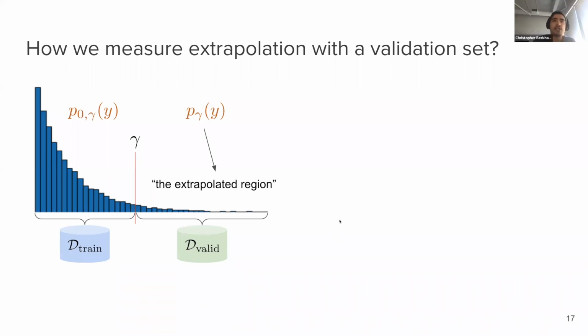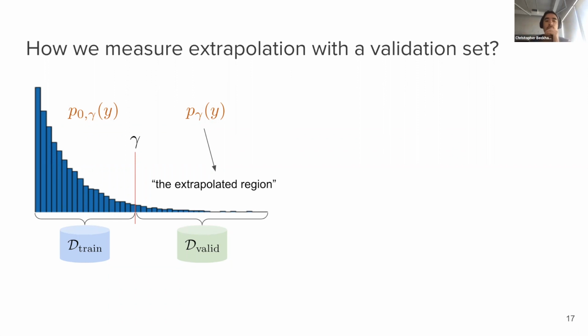Yeah, so it actually is. Sorry, it's a bit confusing. In this plot, I'm only showing the distribution over Y, but essentially D valid is all of the X's whose Y's are greater than gamma, right? And we know that P of X and Y is a joint density. X and Y are not independent, they're dependent.